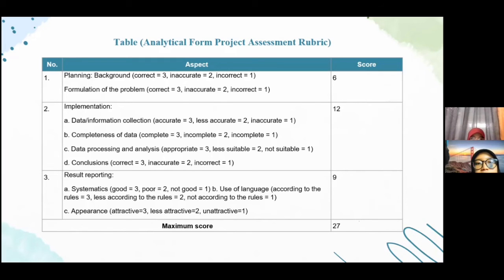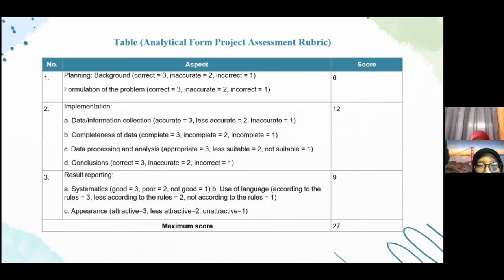And we have result reporting, which consists of systematics with the score good equals 3, poor equals 2, and not good equals 1. And then use of language: according to the rules equals 3, less according to the rules equals 2, and not according to the rules equals 1.